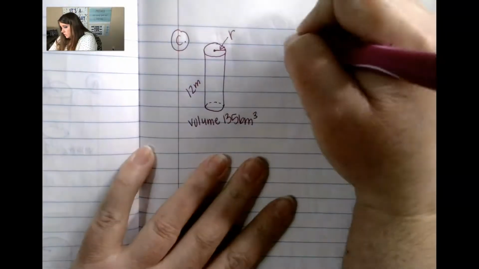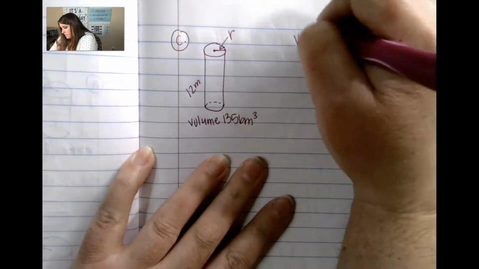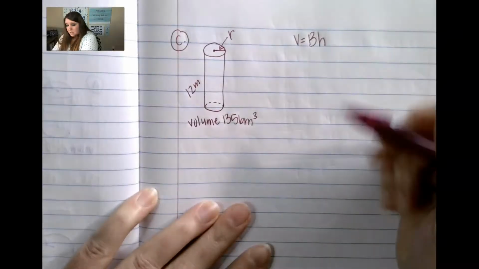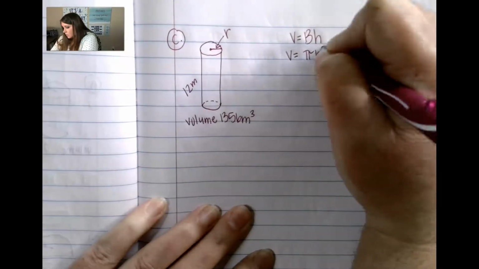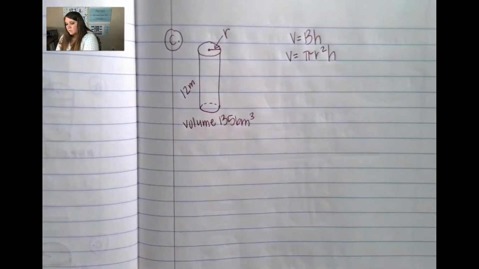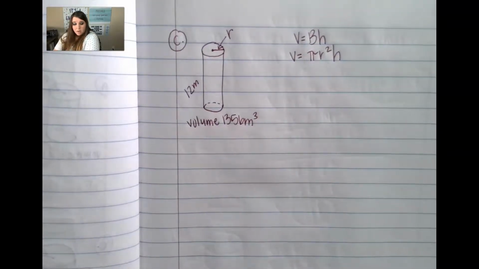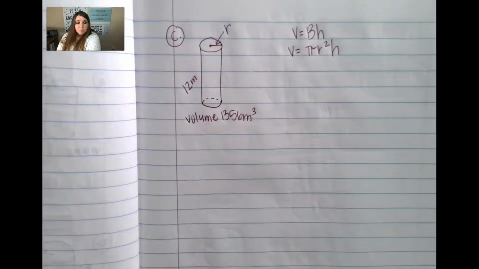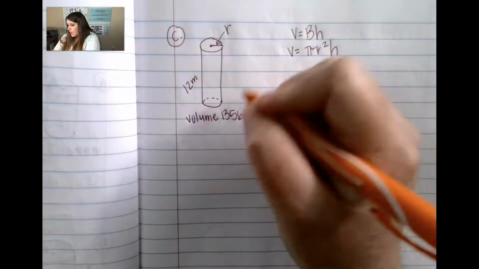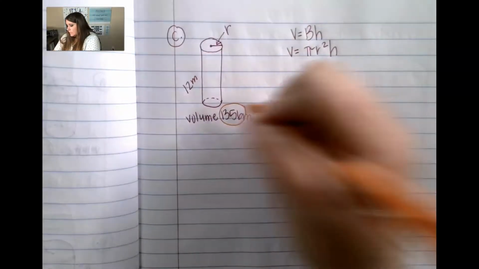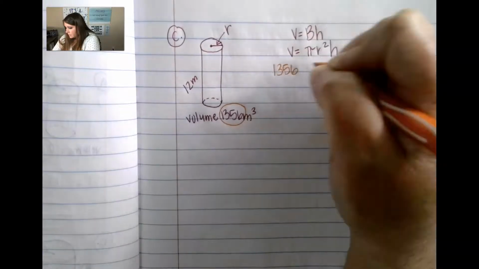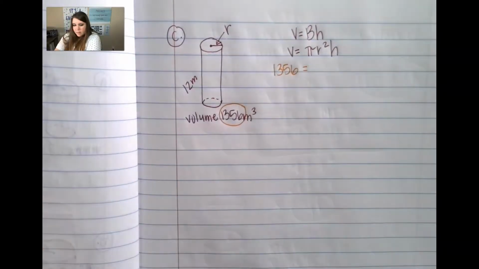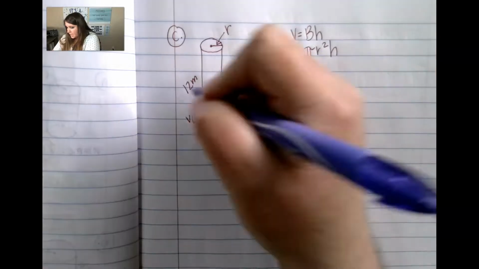And we are still using area of the base times the height. So when we look at this, we're looking at pi r squared times the height. So let's fill in what we know and leave what we don't know ready for isolation. 1,356 is our volume, and we're going to multiply that by pi.